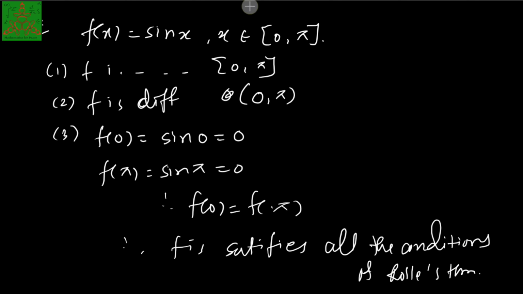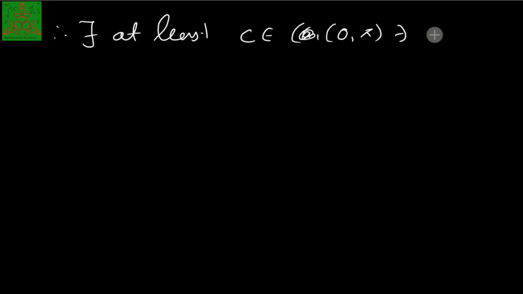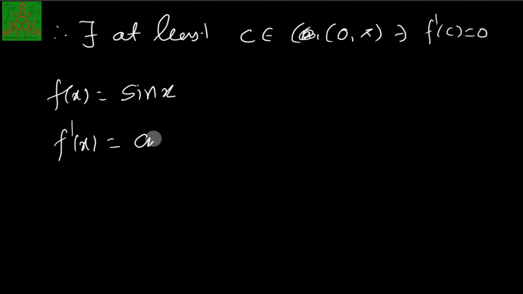Hence we can apply Rolle's theorem here, and therefore there exists at least one c in the interval 0 to pi such that f dash of c is 0. But what is f of x here? It is sin x. f dash of x gives you cos x, which implies f dash of x equal to 0 means cos x is 0.